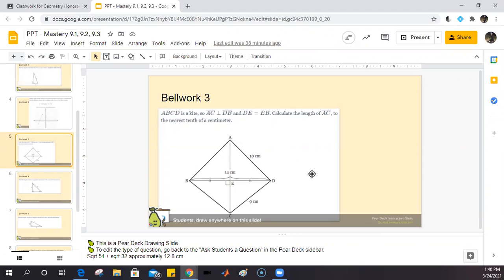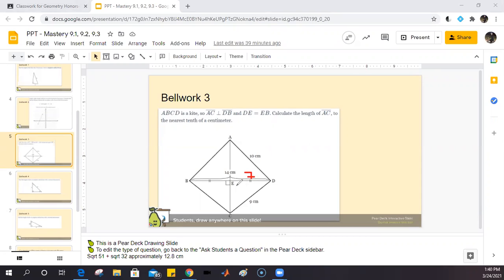We're supposed to find the length of A to C. In this kite, we've got information about BD being 14 units long, and then we've got these congruent marks here, which mean each of those sides are equal to each other. If each of those sides are equal to each other and they add up to 14, they must each be 7.